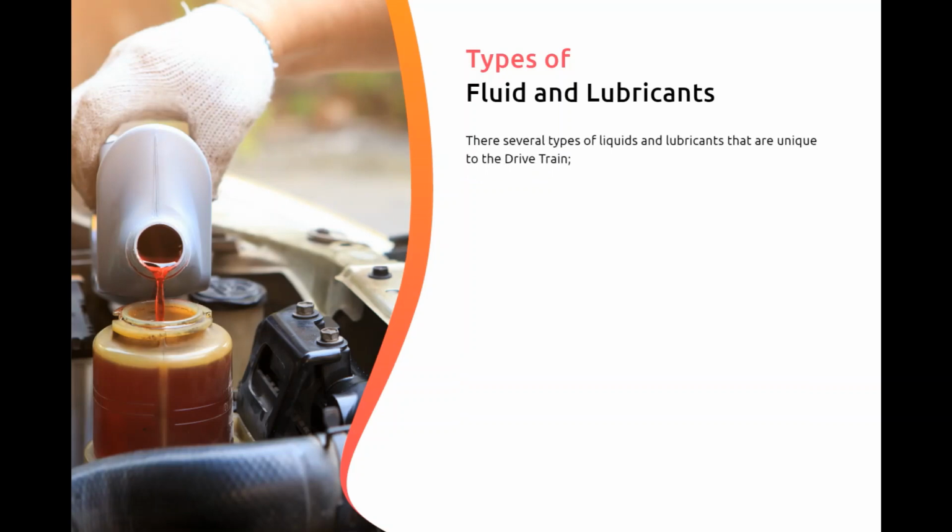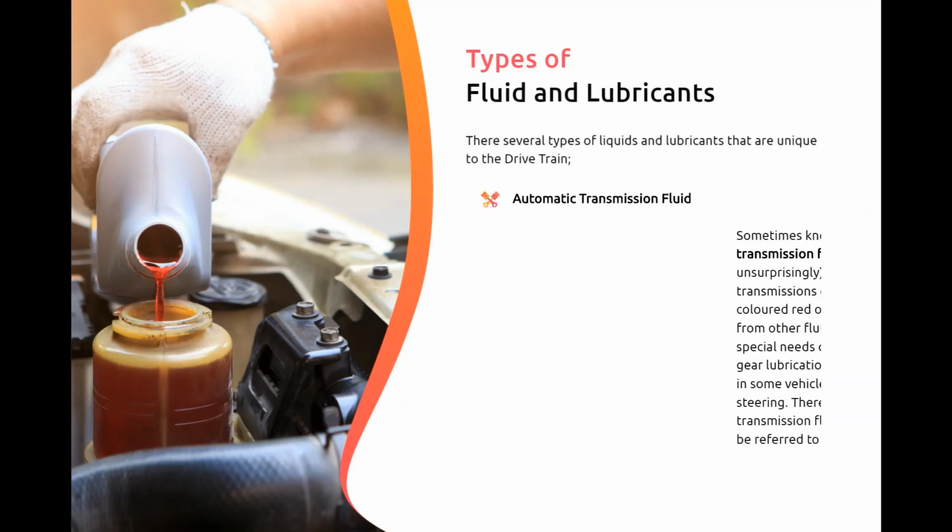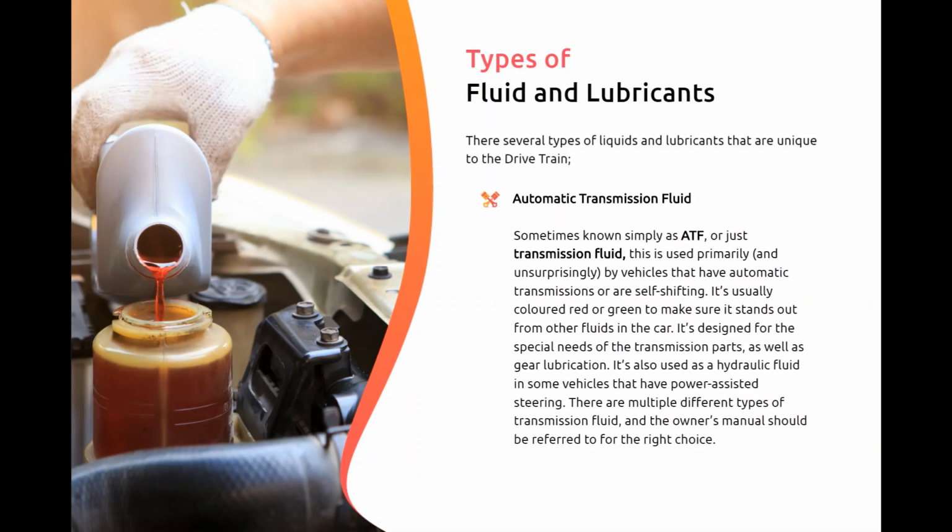Types of fluid and lubricants. There are several types of liquids and lubricants that are unique to the drivetrain. Automatic transmission fluid, sometimes known simply as ATF, or just transmission fluid. This is used primarily, and unsurprisingly, by vehicles that have automatic transmissions or are self-shifting.